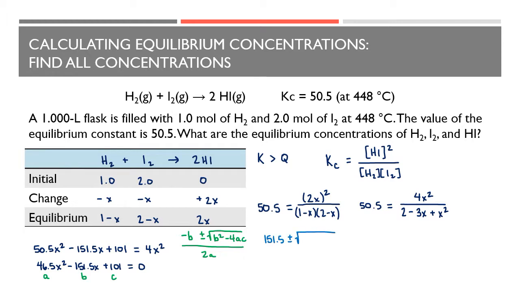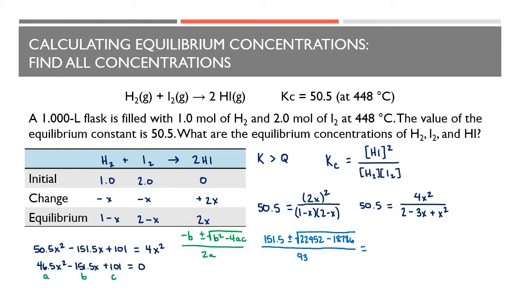My b is negative 151.5, so my negative b is 151.5 plus or minus the square root of negative 151.5 squared, which is 22,952, minus 4 times a times c, which is 18,786. Now I'm going to take that all over 2a, which is 93.